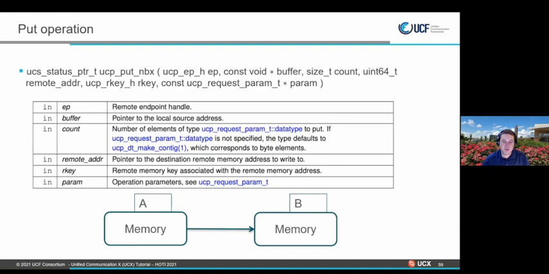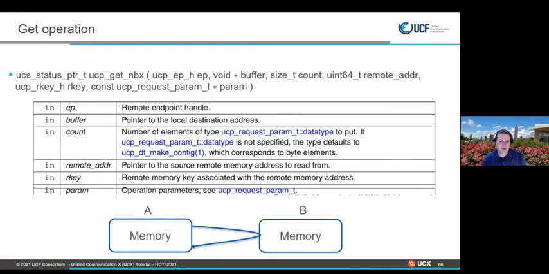And then importantly, you need to have this R key, a remote memory key, to be able to initiate the RMA through Ucp and Ucx. Finally, there are some parameters, and we won't spend too much time talking about those, other than that we might see a few examples of them in the code segments that we walk through.